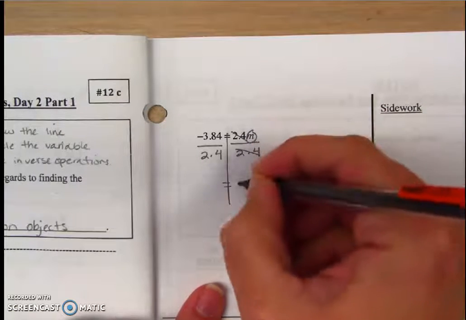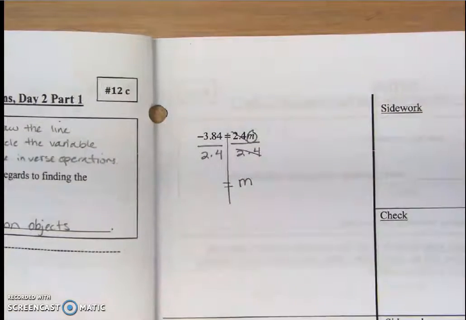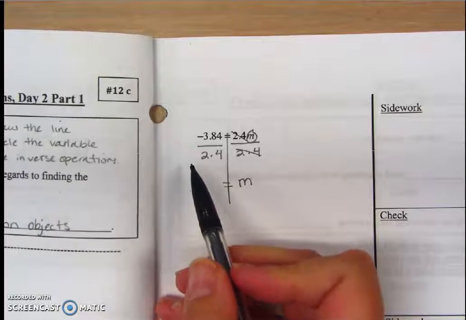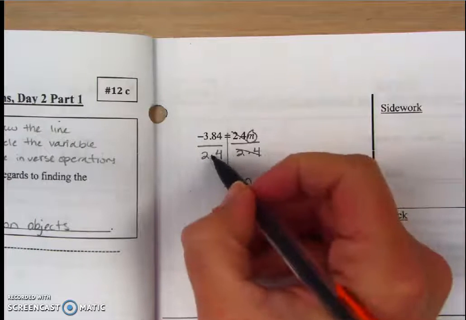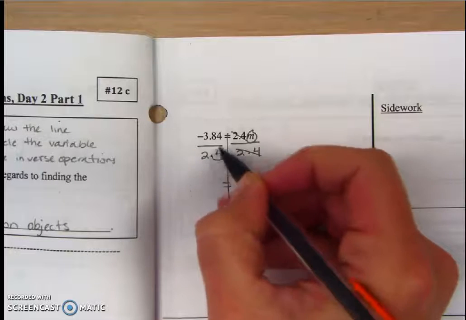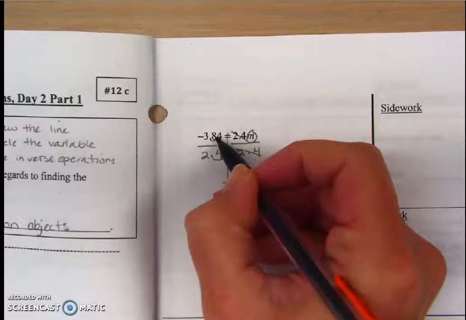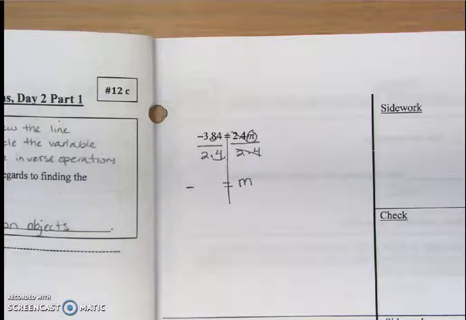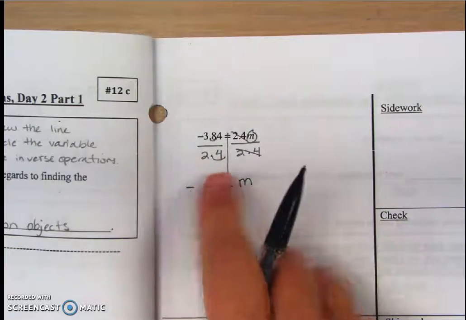So at least on the right-hand side, I know I'm going to have m left all by itself, which is what we want. Now on the left-hand side is where I have some work to do. Remember, we can't divide by a negative, so swoosh. And whatever I swoosh on the bottom, I swoosh up top. And I do see a negative divided by a positive, so I know my answer is going to be negative, whatever it is. This is where I need the side work, though.